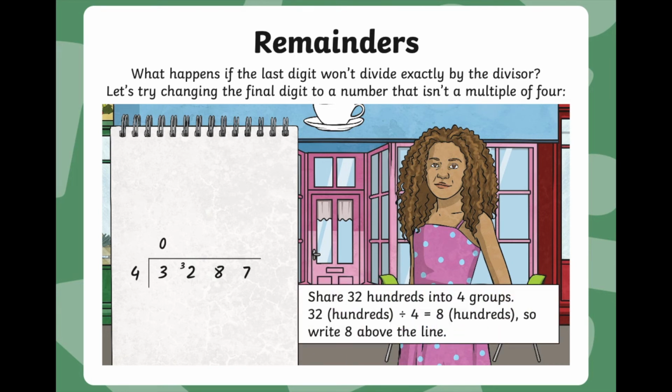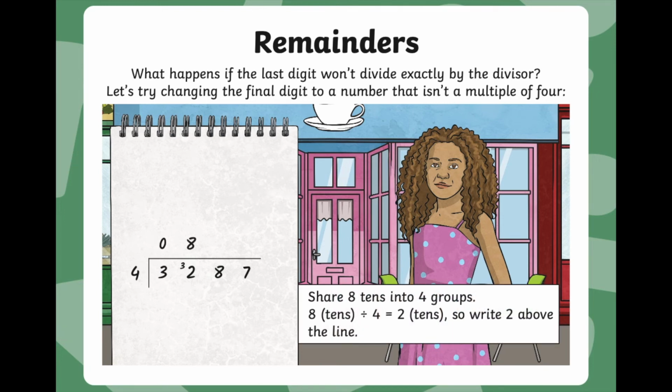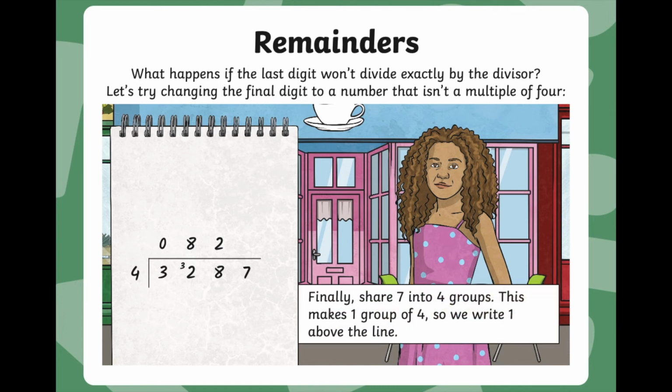Share 32 hundreds into 4 groups. 32 hundreds divided by 4 equals 8 hundreds, so write 8 above the line. Share 8 tens into 4 groups. 8 divided by 4 equals 2, so write 2 above the line. Finally, share 7 into 4 groups.